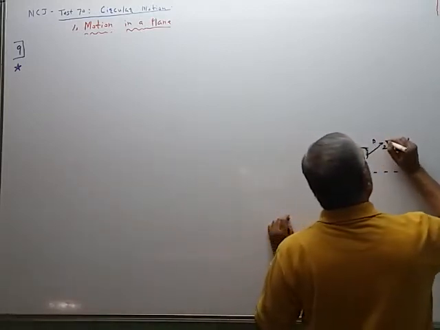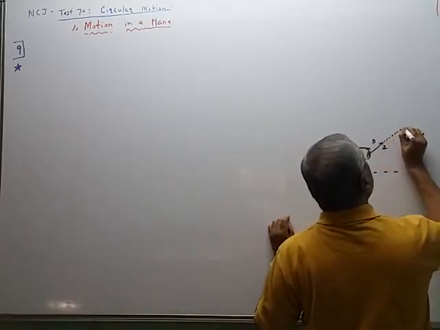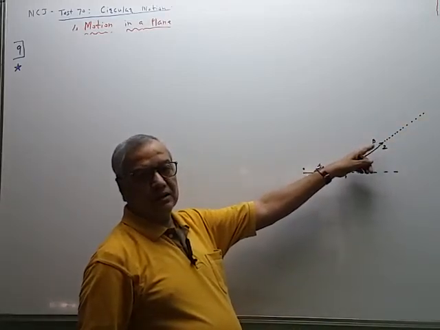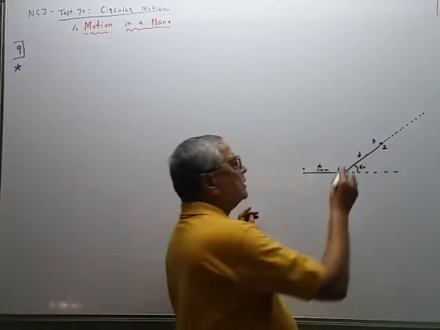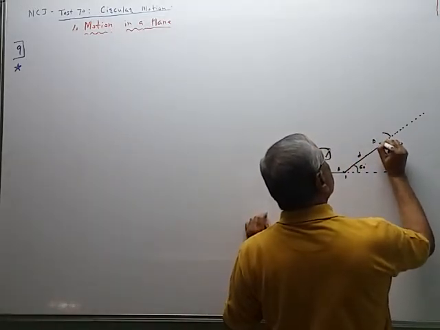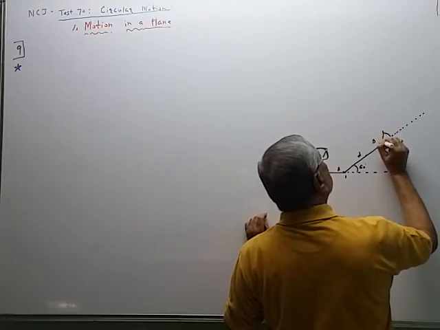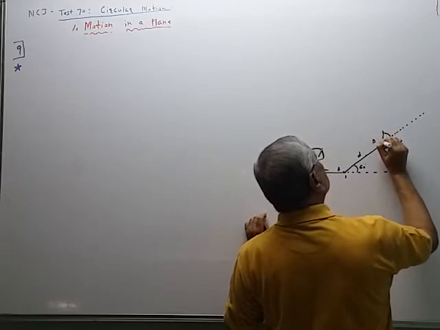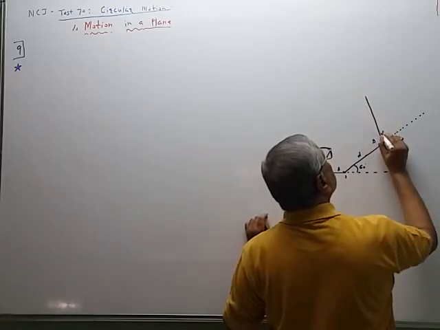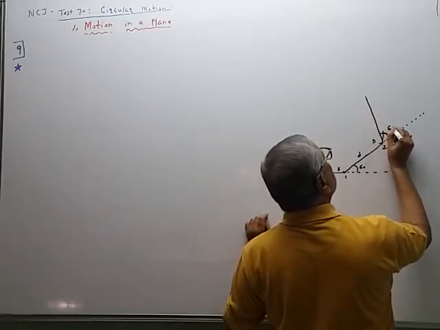Now this is the direction of the motion. From this direction, he again turns by 60 degree. So I will draw a line making an angle of 60 degree. So this angle is again 60 degree.